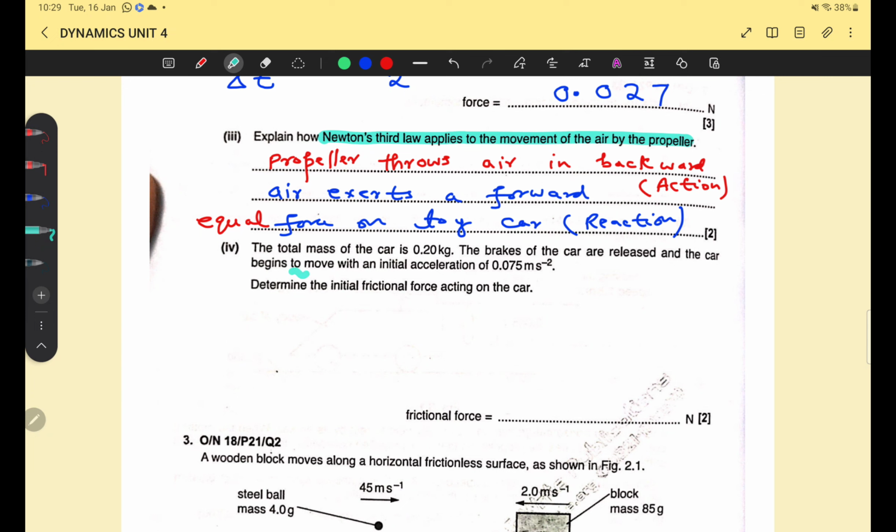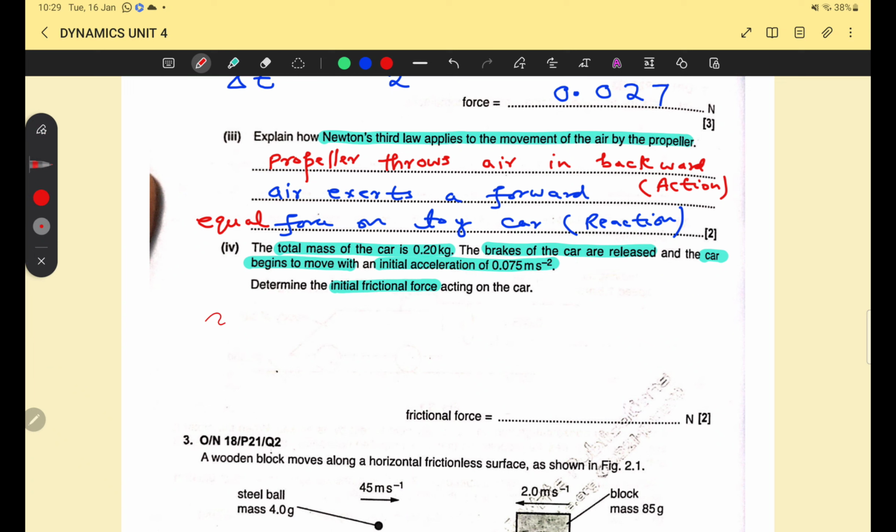And now the next part of the question: the total mass of the car is 0.20 kg. When the brakes are released, the car begins to move forward with acceleration. Question: determine the initial frictional force. So there are two forces acting.